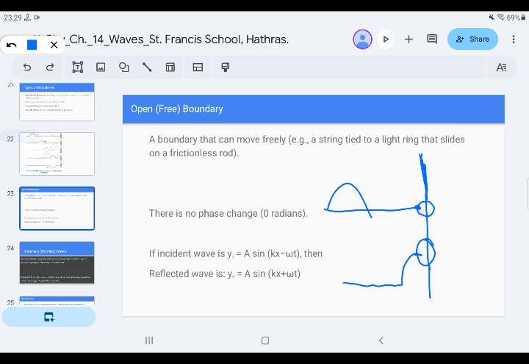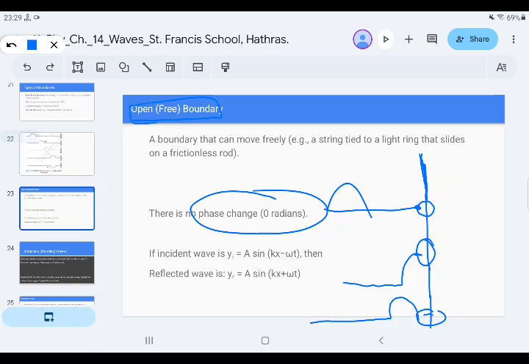So what happens during reflection: the ring comes down, it will transfer back the pulse in the same phase, so there is no phase change during reflection of the incident pulse from an open or a free boundary.